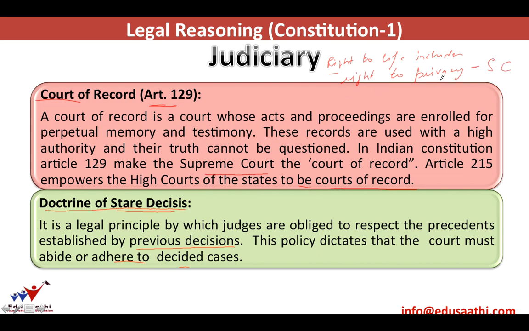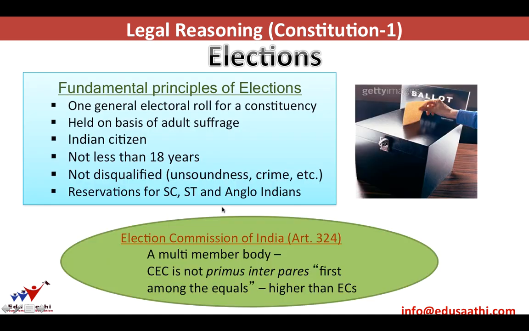So all the lower courts as well as the lesser benches, for example, a three-judge bench has given this judgment under the Supreme Court, all the benches of less than three judges would have to abide by the decision given by the Supreme Court, and also the lower courts other than the Supreme Court will have to go by the decision of the court that right to life includes right to privacy. So it is under the principle of the doctrine of stare decisis. That is, judges are obliged to respect the precedents set by previous decisions.